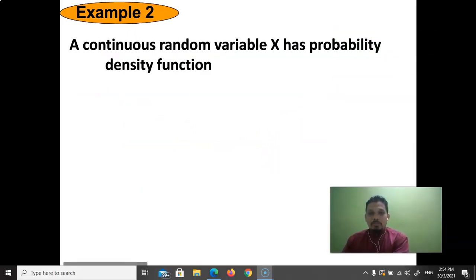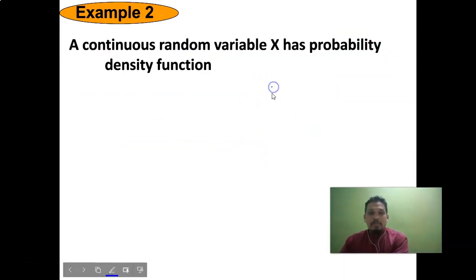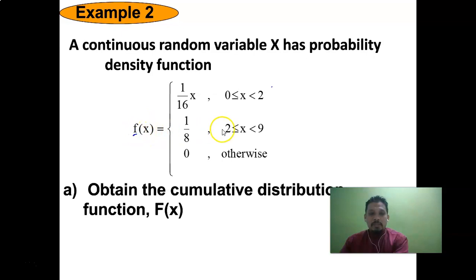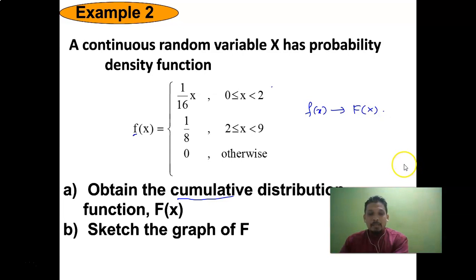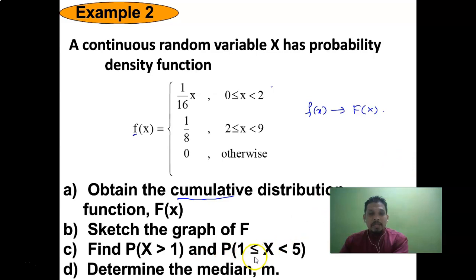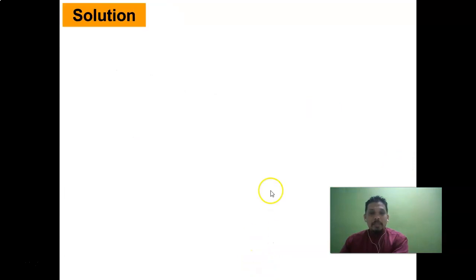Example 2. A continuous random variable X has probability density function f(x), small f here. Obtain the cumulative distribution function, meaning from f(x) to capital F(x). Sketch the graph and find these two. Determine the median m.